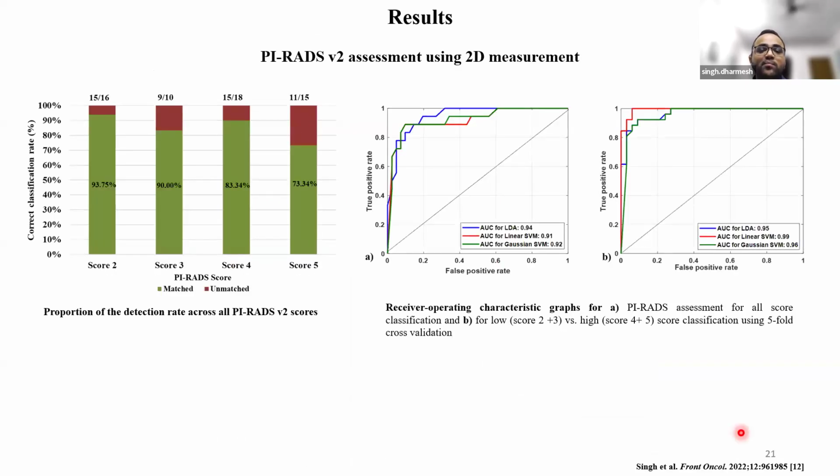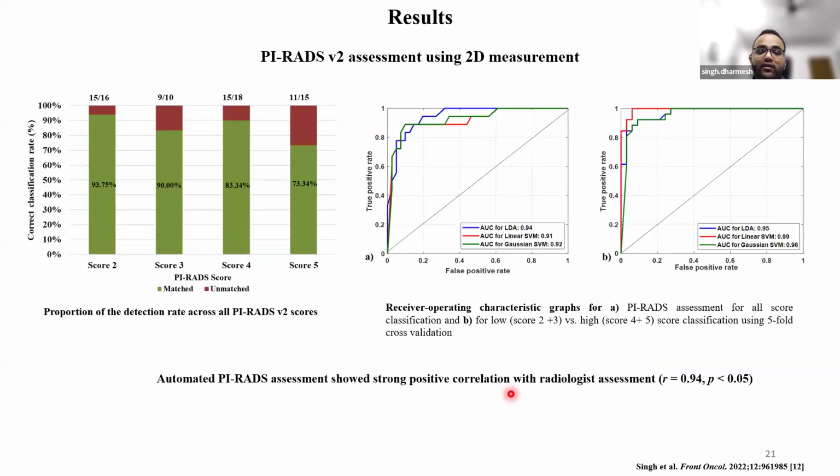So these are the results for our PI-RADS assessment as compared to radiologist assessment. Here we see a comparison of accuracies of different measurement and scoring methods. The green portion of each bar represents the correct classification, while the red portion shows the errors.